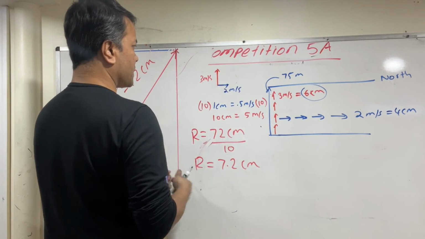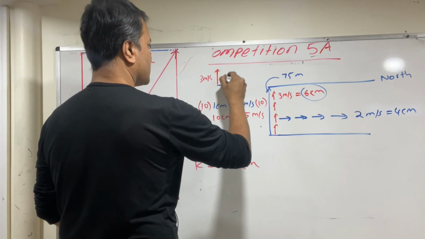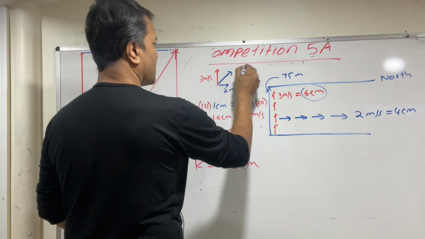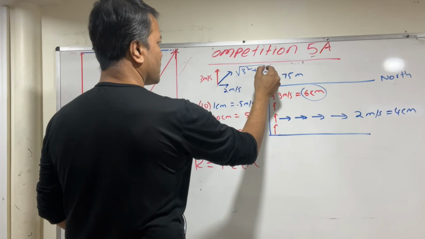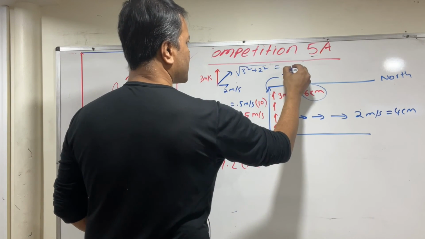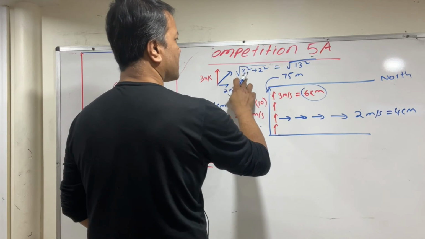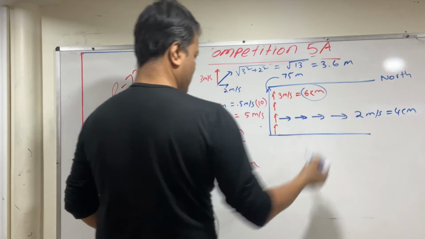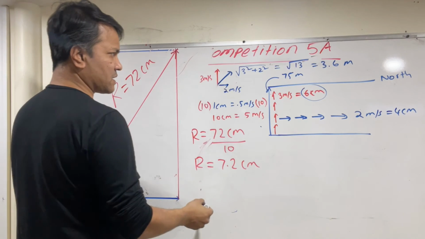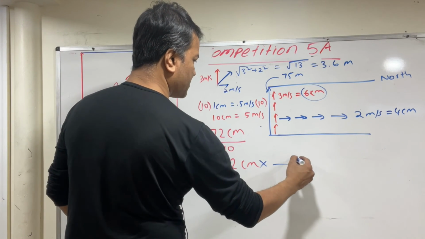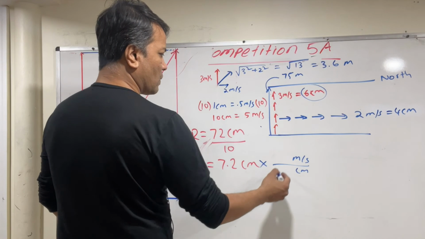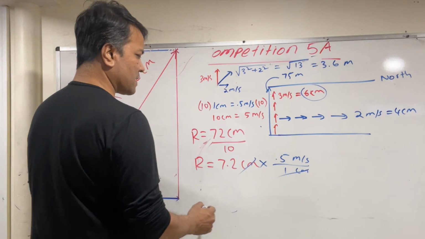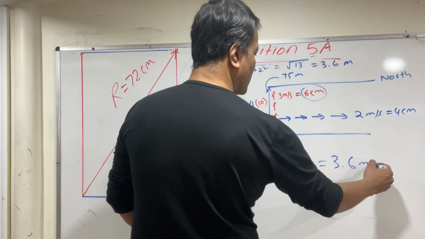So the resultant should be this, and this should be what? 3 squared plus 2 squared, that should be 9 plus 4, 13, square root, and this should be about 3.6 meter per second. So 7.2 centimeter times 0.5 meter per second over 1 centimeter, centimeter cancels, is equal to 3.6 meter per second.